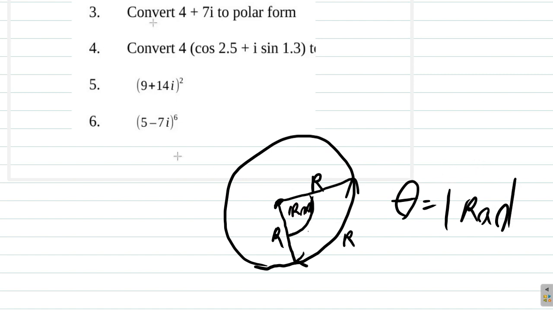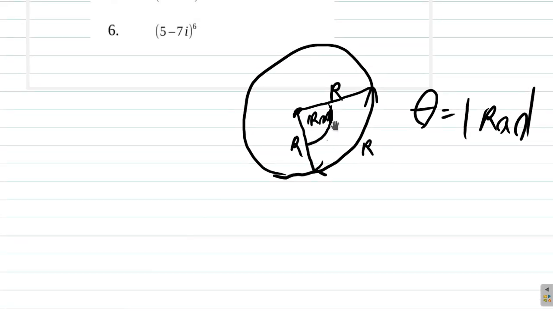Alright? How many radians do we have? Just a reminder of the trigonometry involving radians and degrees. How many radians do we have in a complete revolution? Well, if we make one complete revolution, the arc length would be what we call the circumference.